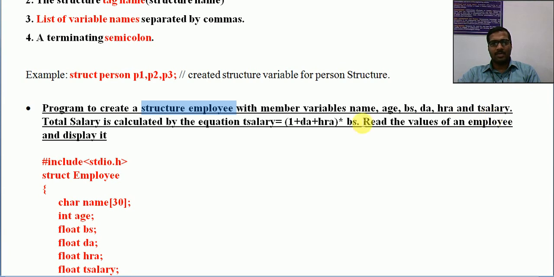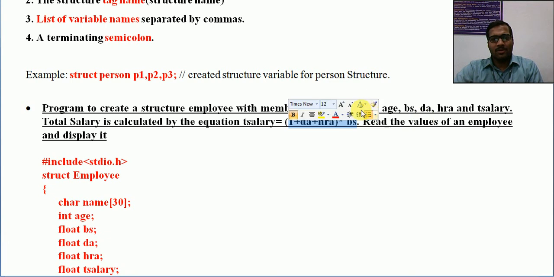Then total salary is calculated by the equation total salary equals 1 plus DA plus HRA plus basic into basic salary. This formula is directly given. Don't bother about the formula. Salary calculation itself will differ in different situations and different organizations. Just don't mind that. We have all this information of different types in the structure variable.